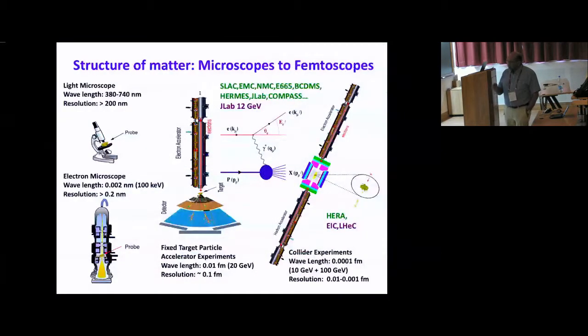So why is this important? Well, it's important because it's been a historically successful way in which we've learned about the structure of matter, starting all the way in the 17th century, and perhaps even before, with just light microscopes, where one discovered that you had bacteria and you had cellular structure in matter.